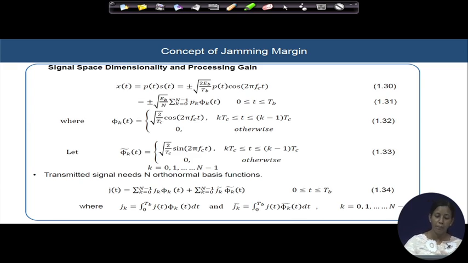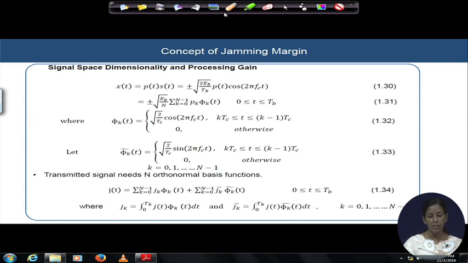Hence, if I revisit the BPSK modulated signal in terms of the discussion we have just done, our transmitted BPSK modulated spread spectrum signal will be given as x(t) equal to p(t) into s(t). If I consider this s(t) as the BPSK modulated signal which is spread by the sequence p(t), s(t) will be given by plus minus square root of 2E_b by T_b into cos 2 pi f_c t.